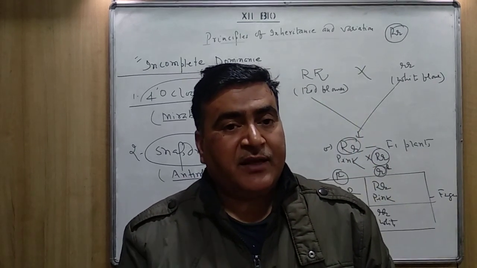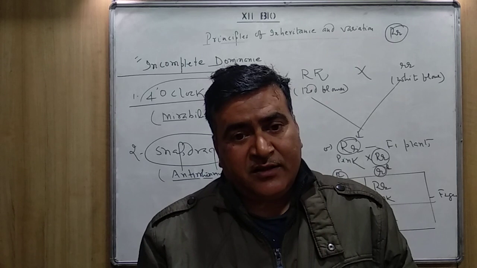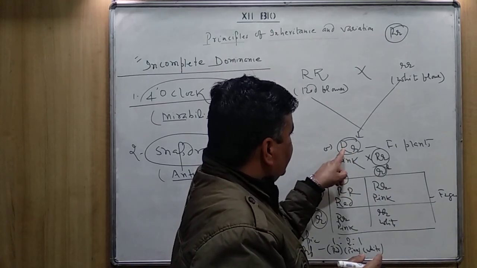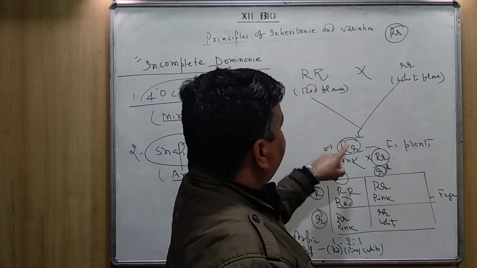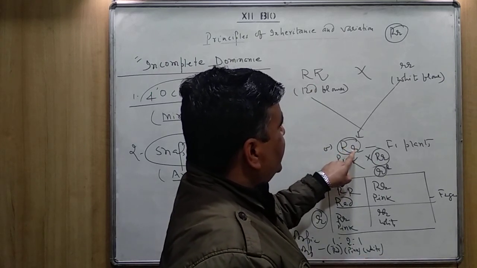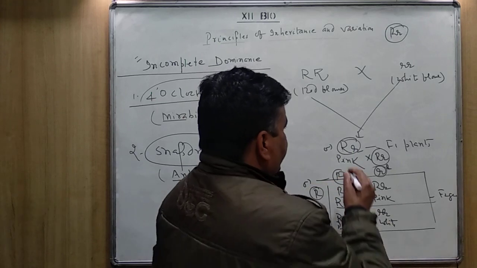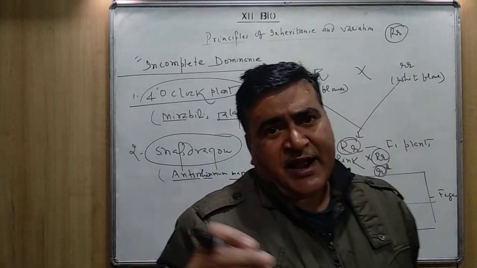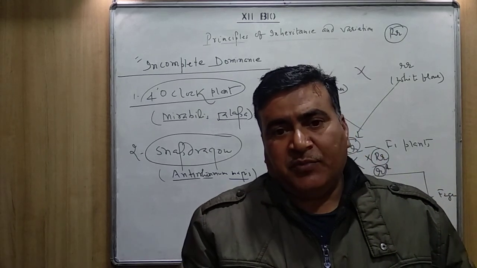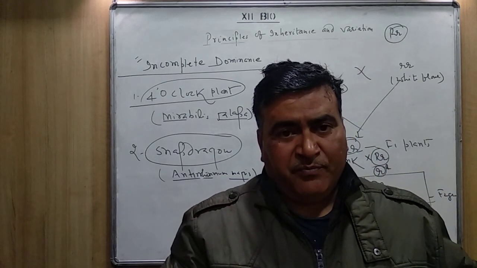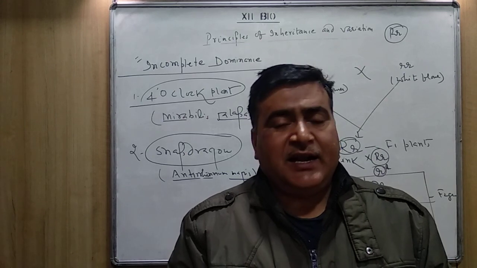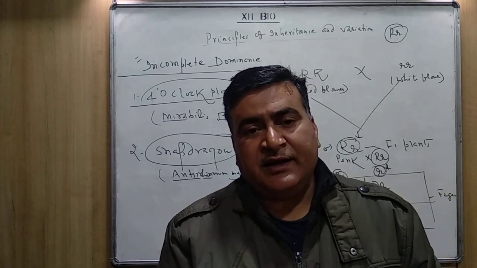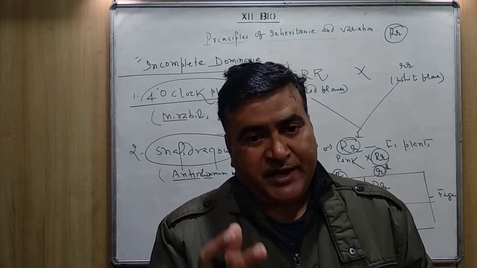Pink flower. It is neither red nor white. The capital R is responsible for red and small r is responsible for white. It means the red and white both mix together and produce an intermediate character, and that is what? Pink.